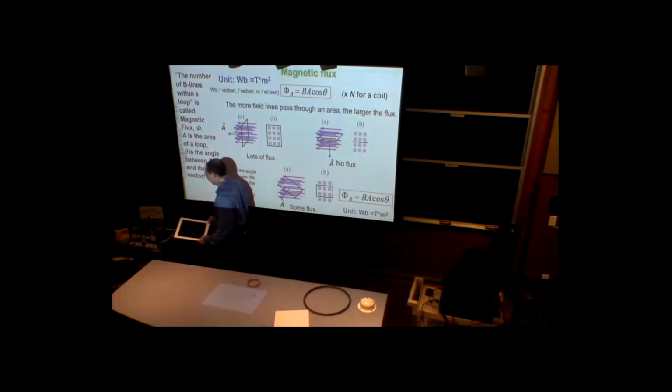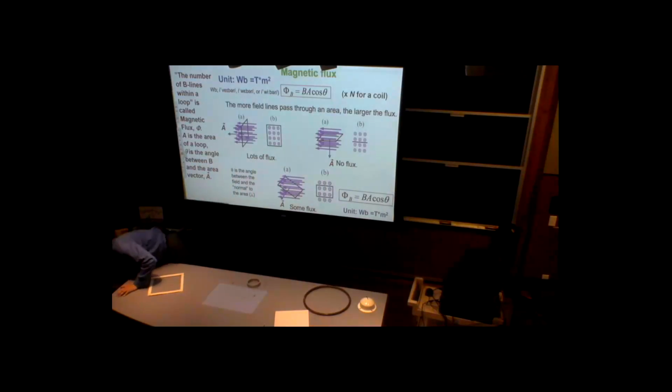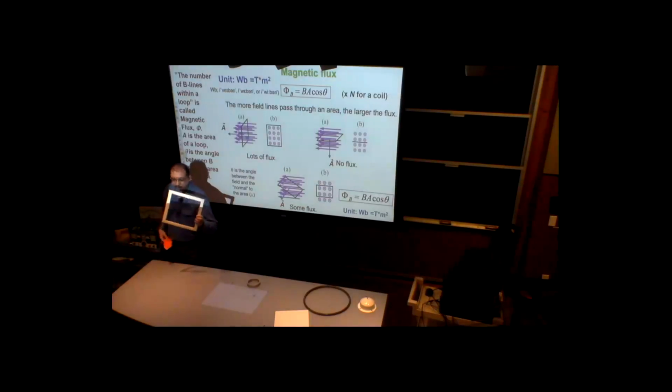This is where people get confused sometimes, because when we have a surface, when we have a loop, to describe the orientation of a loop we use a special vector which we call, how do we call it? There is a special vector which we use to describe the orientation of any surface, including a loop.